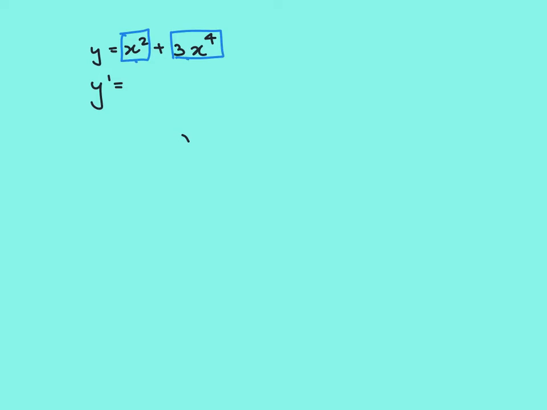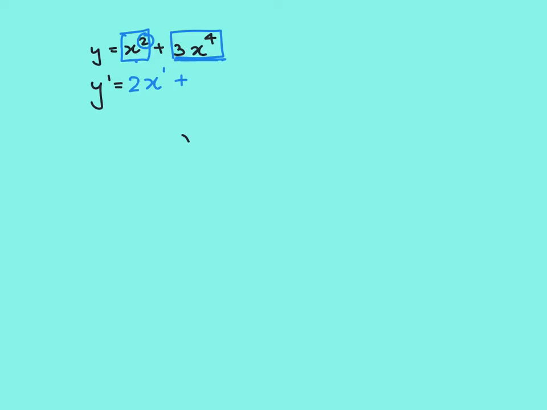So the derivative of x to the power of 2: we copy 2 in front and then times x, and the power of 2 is decreased by 1. So 2 take away 1 is 1. Plus, now we have a constant times x to the power of 4.